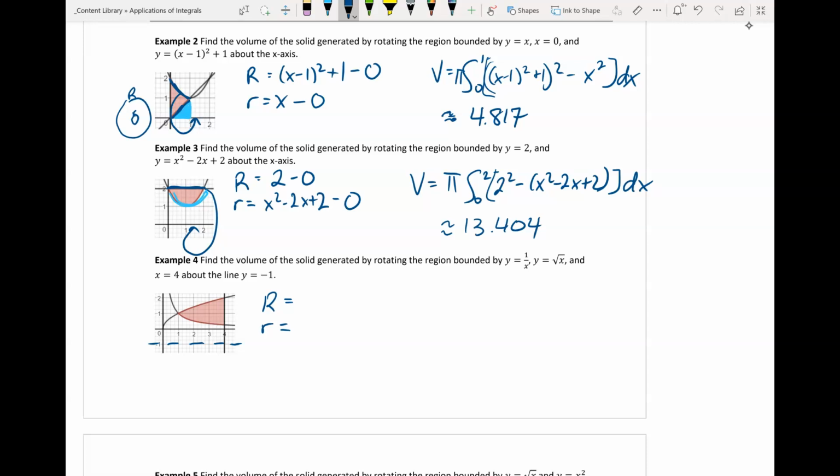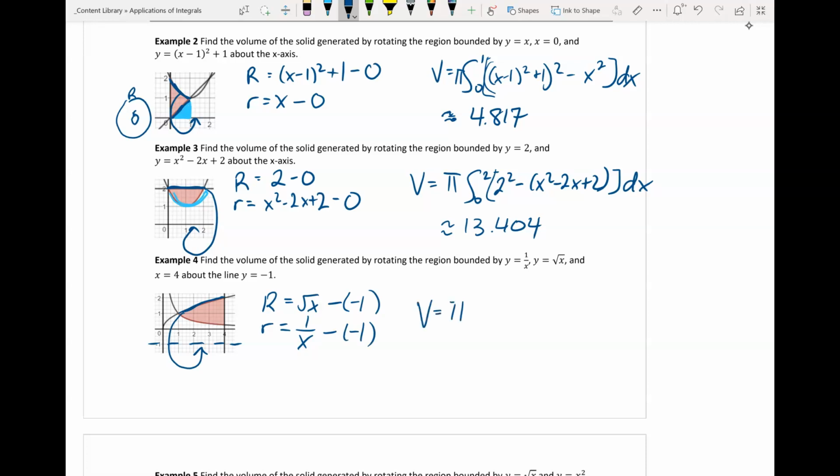The outer is going to be this one here because I'm revolving around y equals -1. So that is going to be root x minus the line we're rotating around, -1. Then the inner radius is 1 over x minus -1.